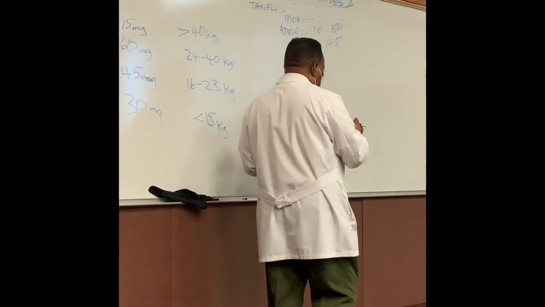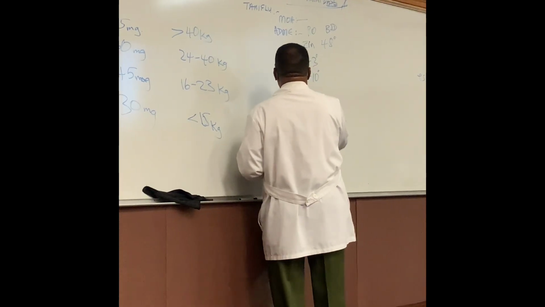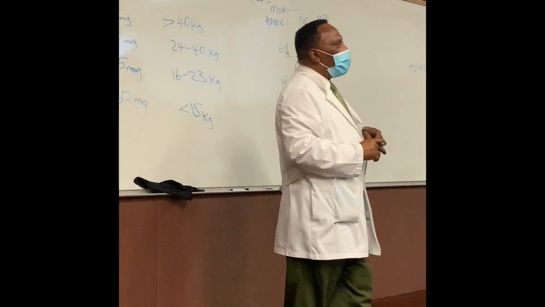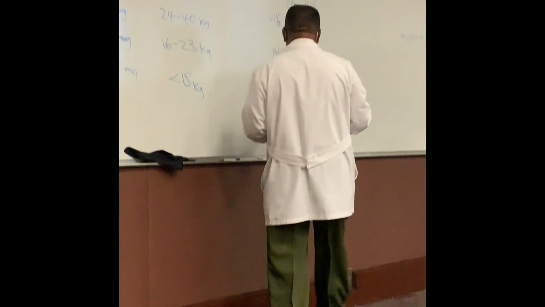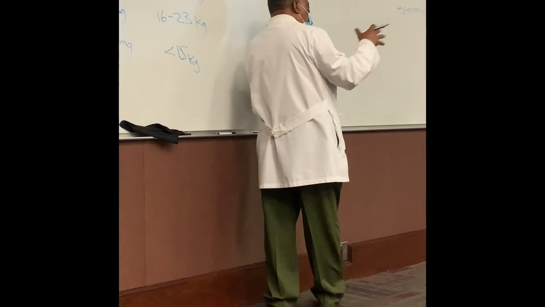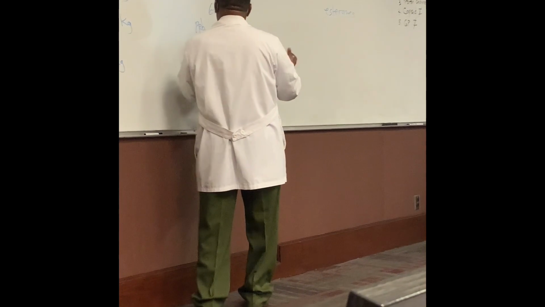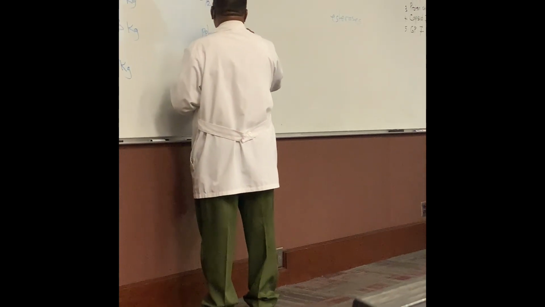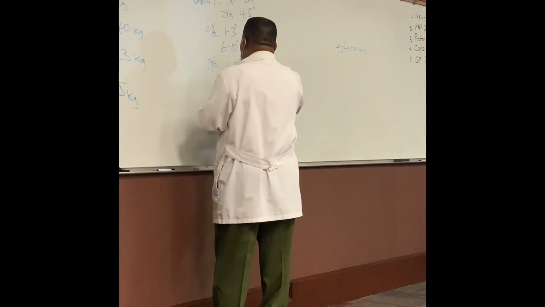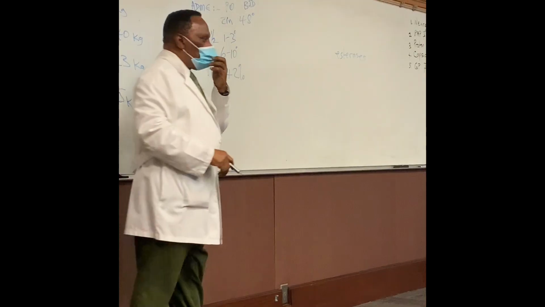And if you look at the plasma protein binding, the plasma protein binding for the active compound, which is really carboxylate, it is about 42% plasma protein binding.